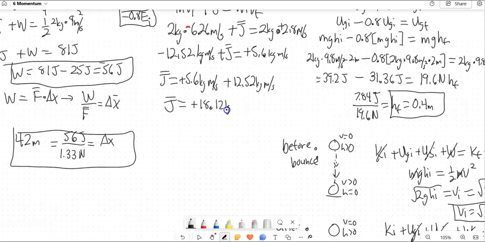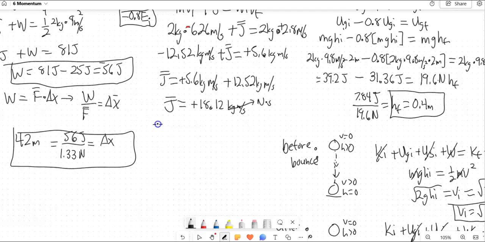And that's kilogram meter per second, which is also a Newton second. So let's write that so that's legible. This is a kilogram meter per second, but again, this is just a Newton times a second.